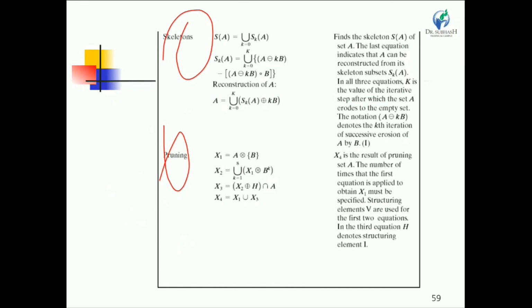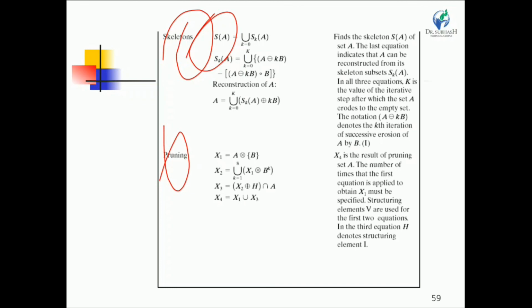The skeleton can be found with the function of skeleton of A, and the skeleton of A is the set of S of A. The last equation indicates that A can be reconstructed from the skeleton subsets S of K. In all three equations, k is the value of the iterative step after which the set A erodes to the empty set.